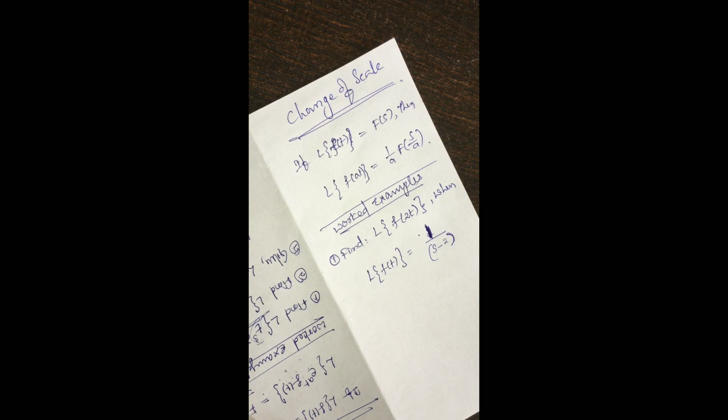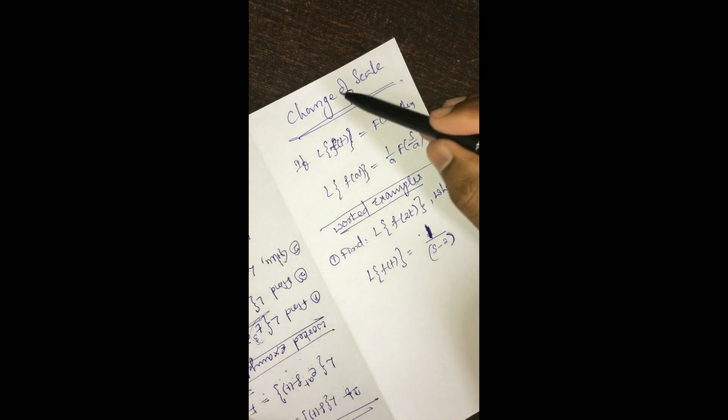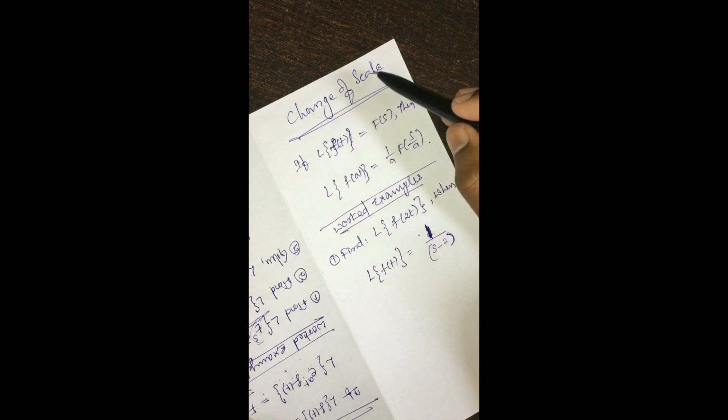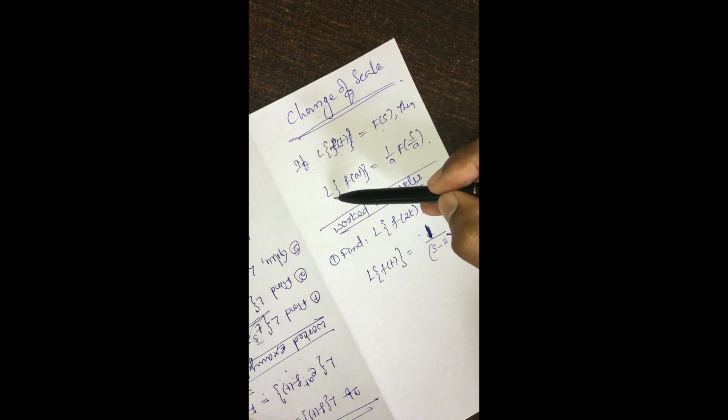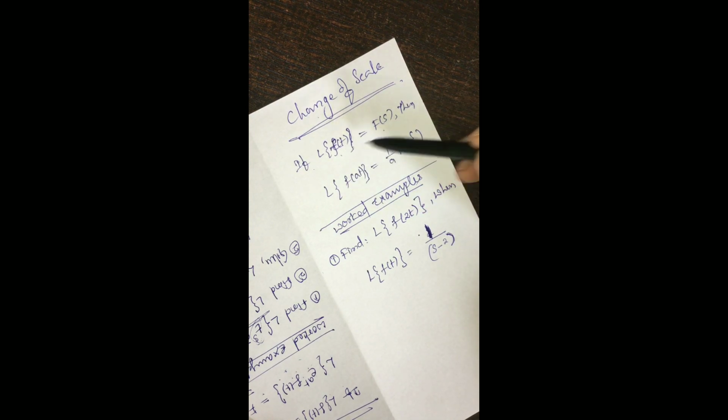Yeah, students, in the Laplace transform, very important rule, that is the change of scale. In this change of scale, the Laplace transform of f of t, we know the definition, that is equal to f of s. Then here the change of scale means here the scale is a with previously f of t, it becomes f of at.